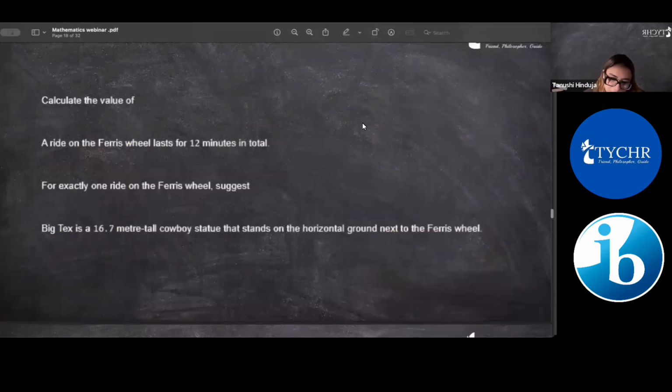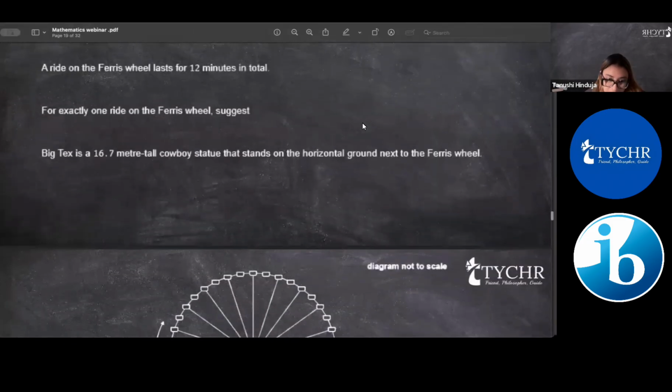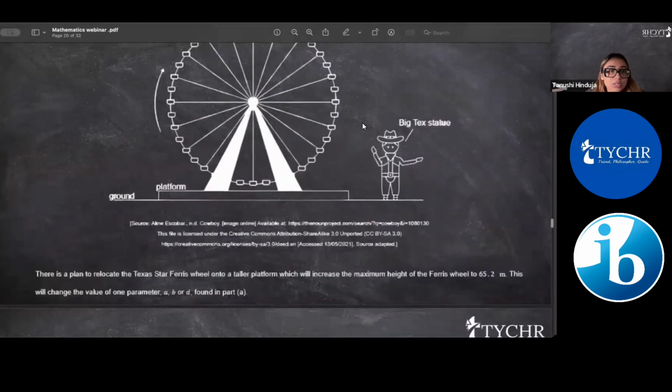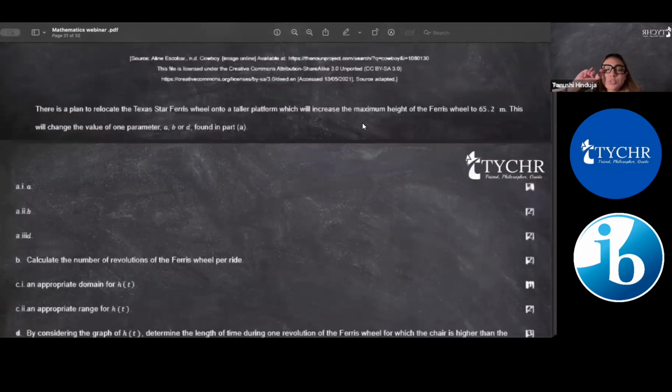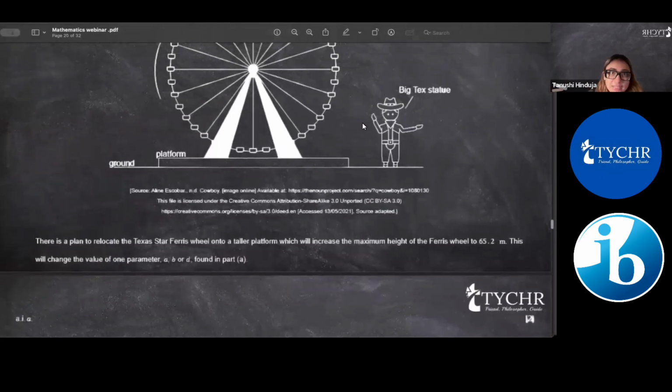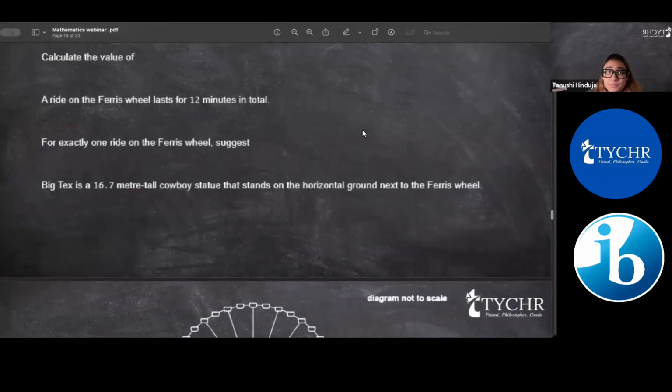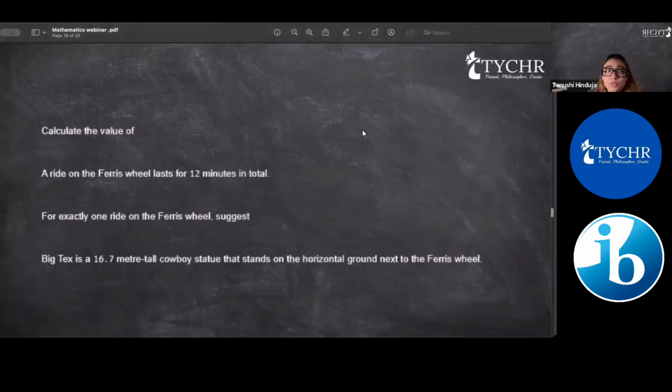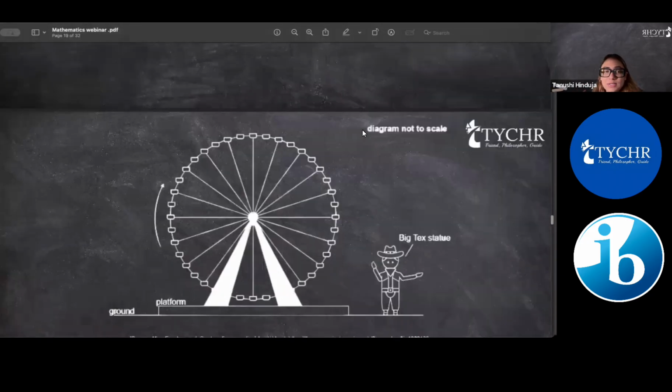They're saying that the ride on the Ferris wheel lasts for 12 minutes in total. All right, what's the next question? Calculate the number of revolutions of the Ferris wheel per ride. So they said a ride would last for 12 minutes, right?